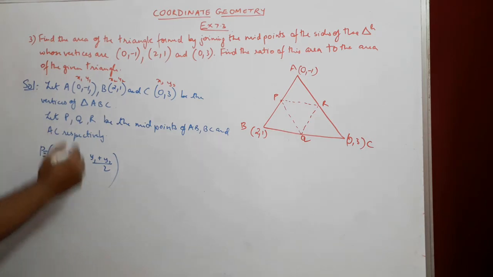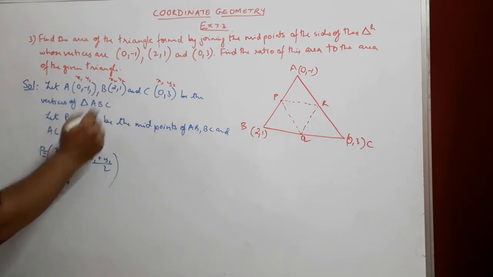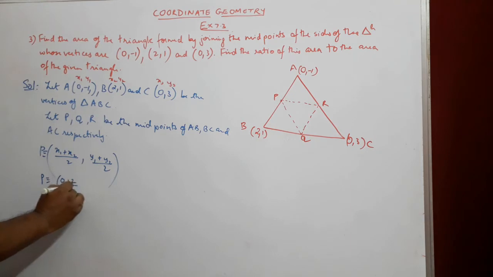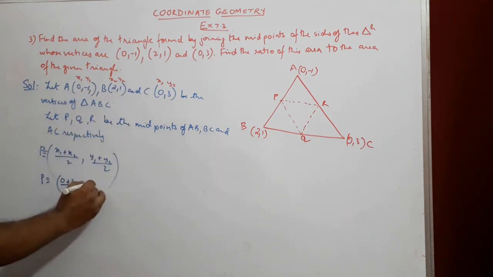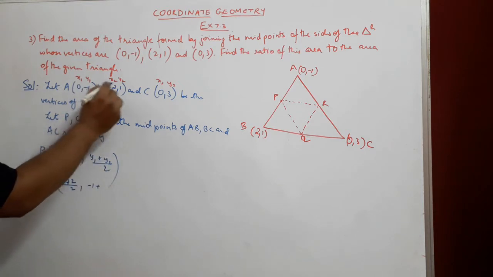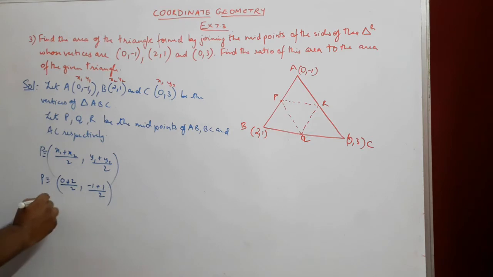x1 is 0 plus x2, which is 2, whole thing upon 2, comma y1, which is minus 1, plus y2, which is plus 1, whole thing upon 2.